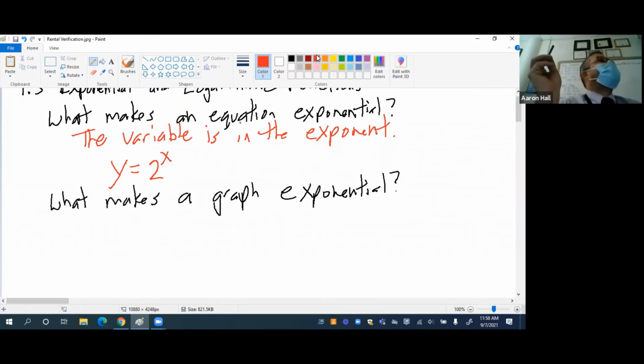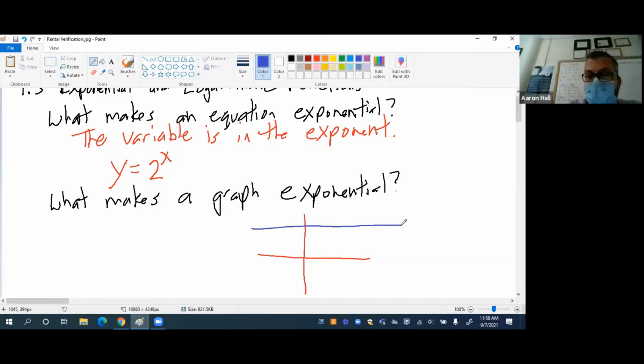Is everybody comfortable with what an asymptote is from last year? An asymptote is an imaginary line that the graph converges on. So if I have here my Cartesian grid, and let's say this is y equals 3, which would mean that y is always 3 along this line.